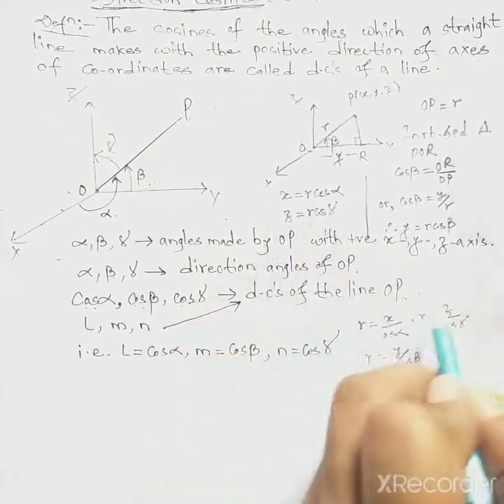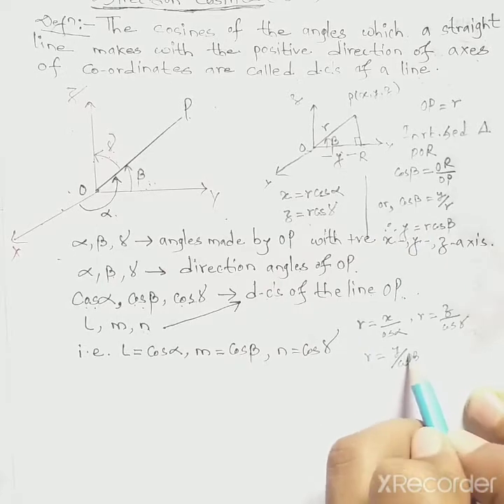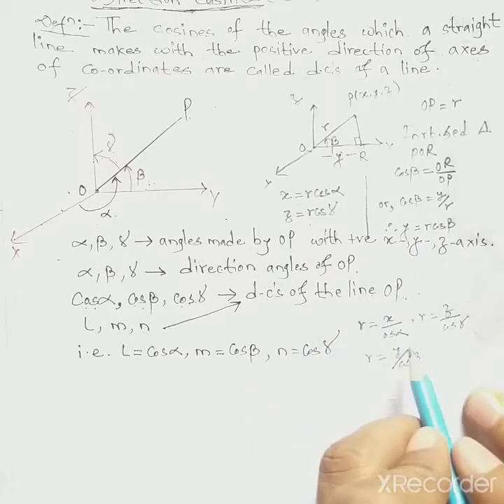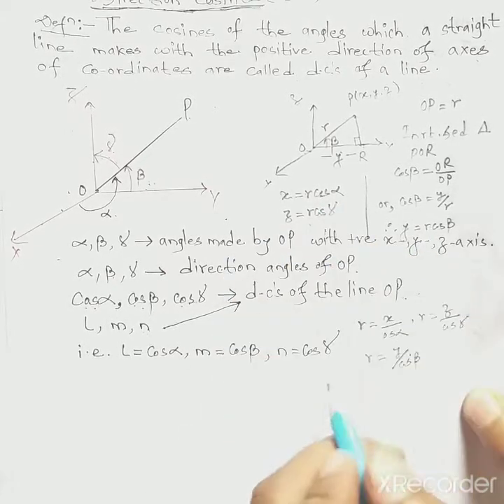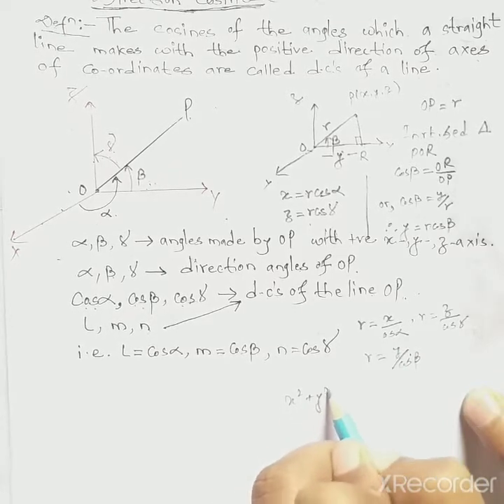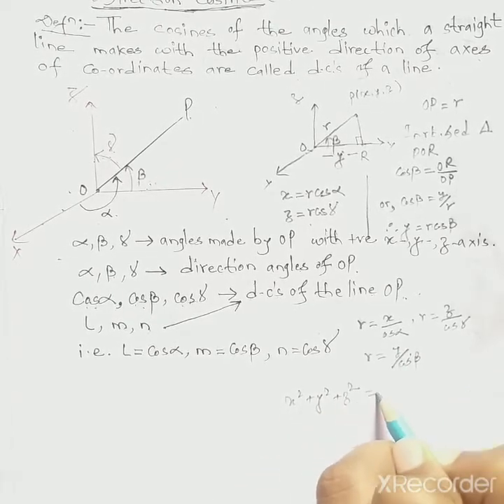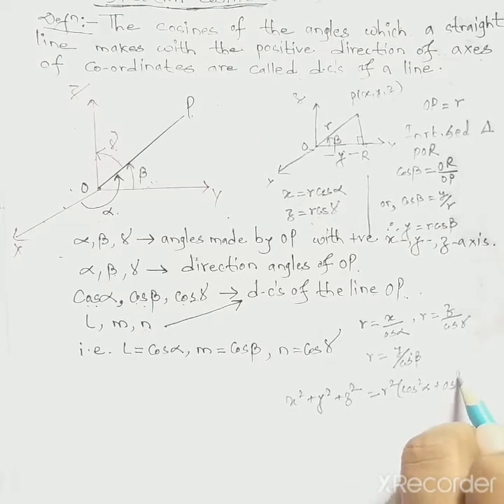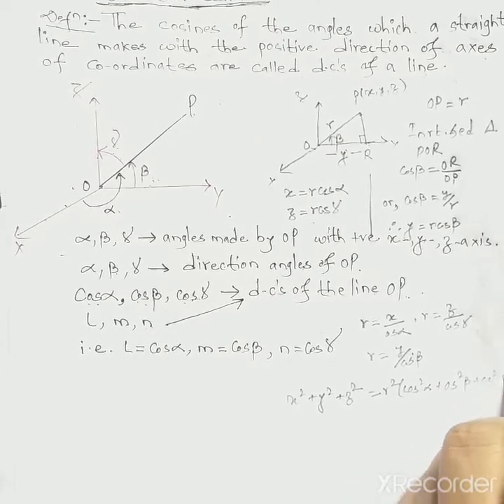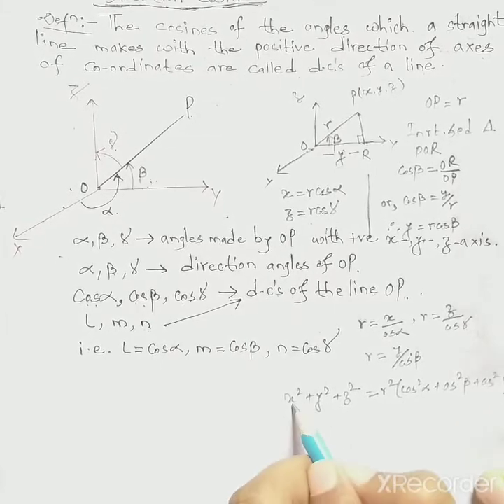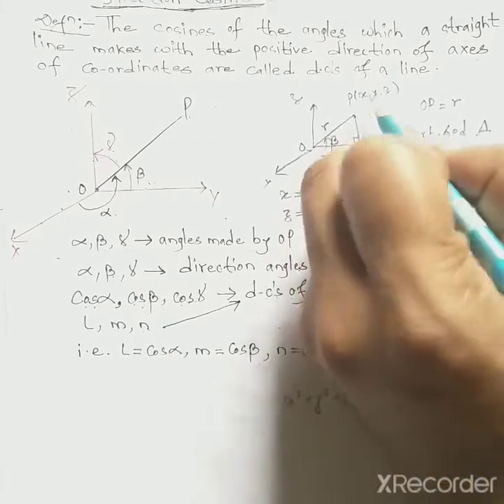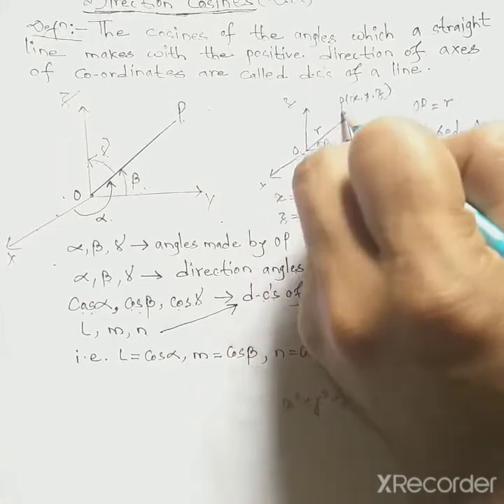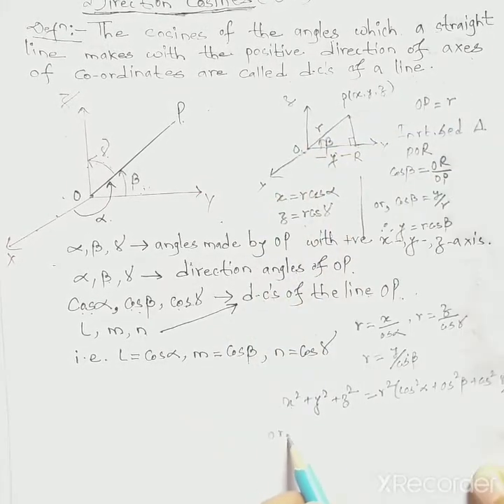So if we square and add these, what we get is x square plus y square plus z square. We can easily get R square common, times cos square alpha plus cos square beta plus cos square gamma, isn't it? If P(x, y, z) are the coordinates, then x square plus y square plus z square simply means R square.